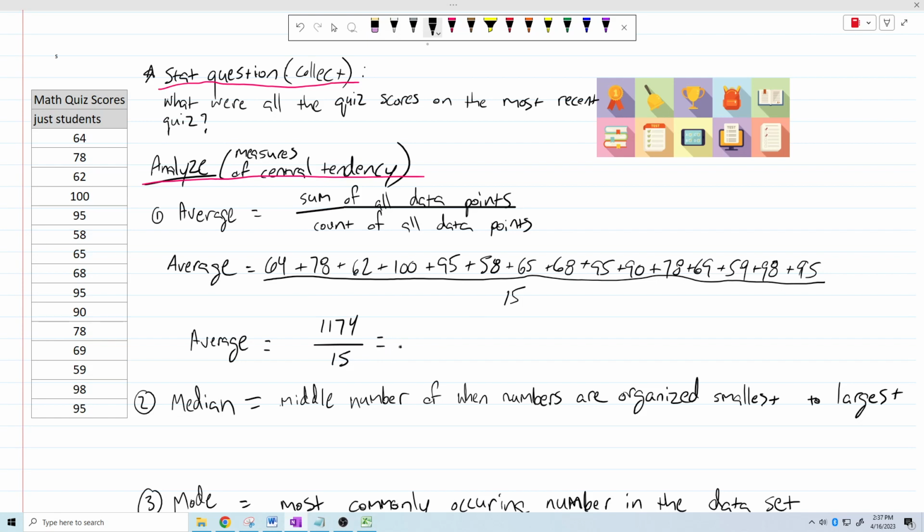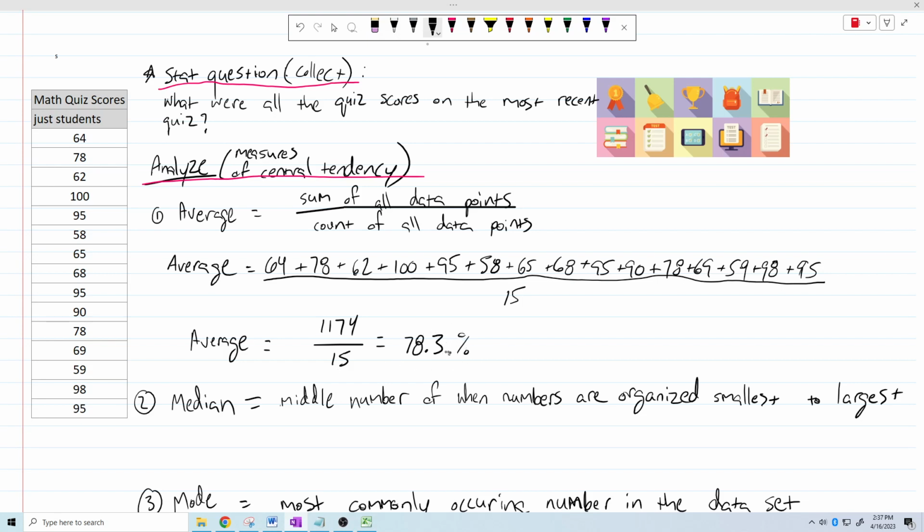We divide that big number, 1174, by 15, and when we do, we end up getting 78.3 after rounding. So 78.3 points on the 100-point quiz, or in other words, 78.3%. That's the average of all the quiz scores, guys.